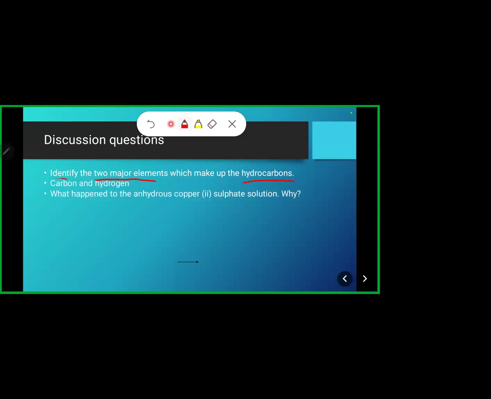That's very good. So what happened to the anhydrous copper 2 sulfate solution and why? I've just explained that. Anyone to tell us what happened to the anhydrous copper 2 sulfate solution, and tell us why.